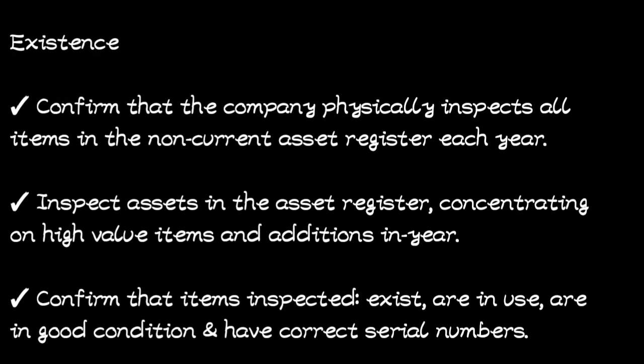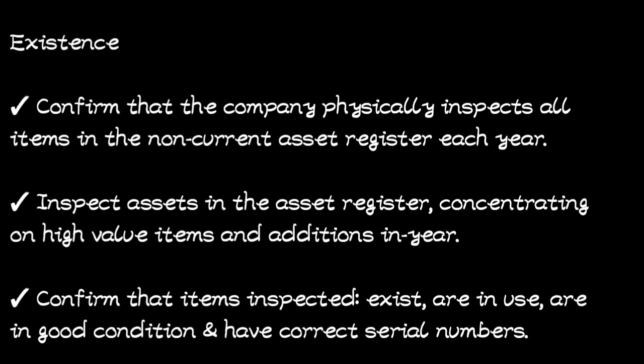Then another assertion is existence. So what are the substantive procedures that can be performed in this case? To confirm existence of the tangible non-current assets, first is confirm that the company physically inspects the items in the non-current asset register each year.